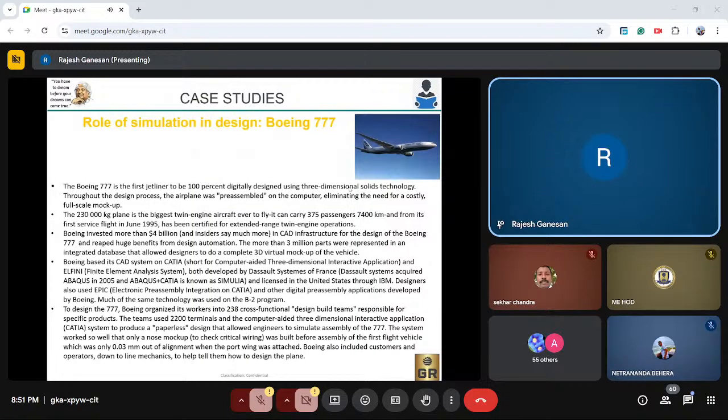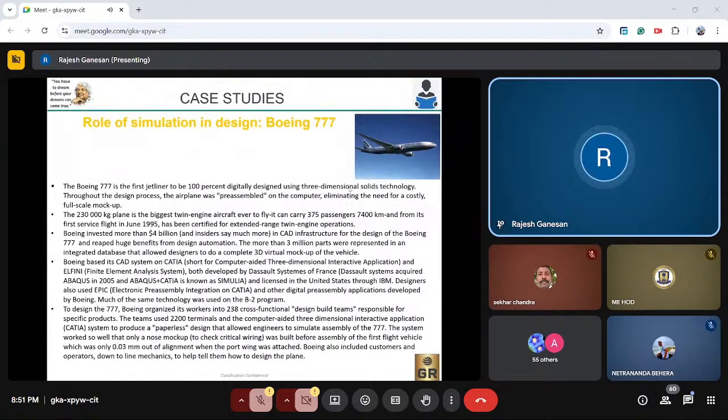To design the 777, Boeing organized its workers through 38 cross-functional design building teams, each responsible for a specific product. For a particular product, around 238 CFT members work for the outcome. The team used 2,200 terminals and computer-aided three-dimensional interactive applications.